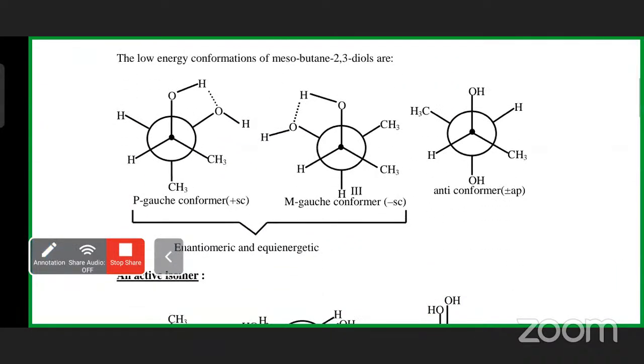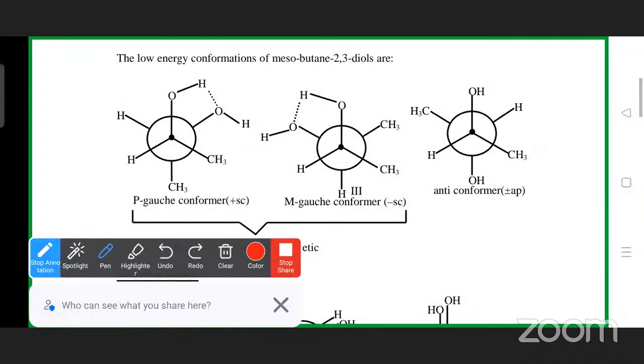Then you will get this particular P gauche conformation. P gauche means the two hydroxy groups are on the right side. And upon further rotation you will get the M gauche conformation.